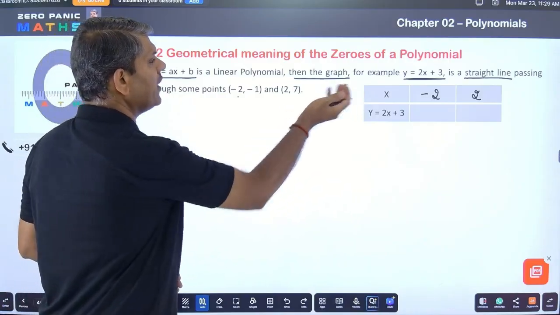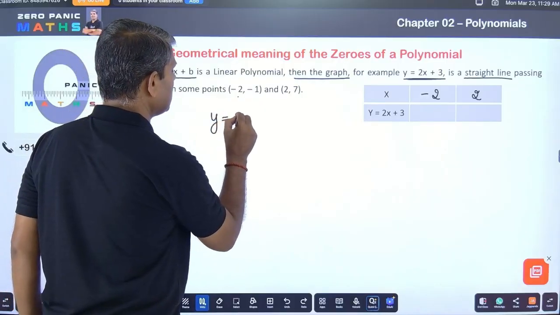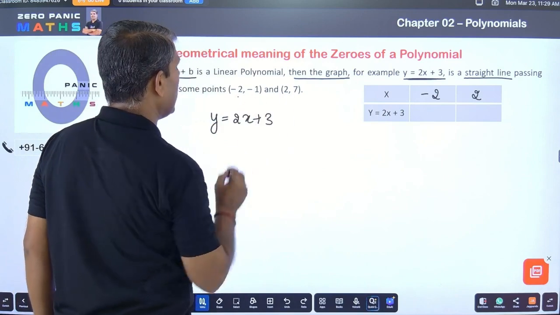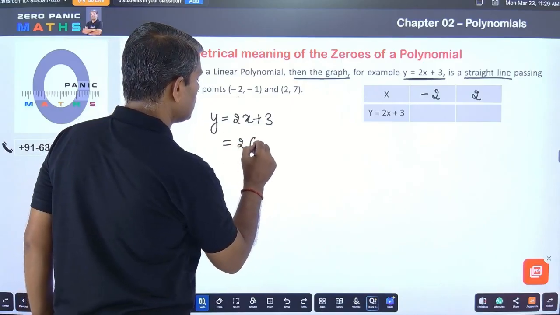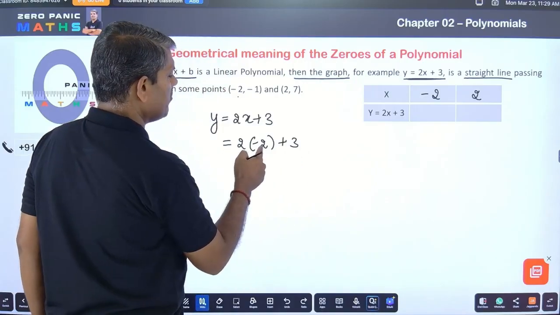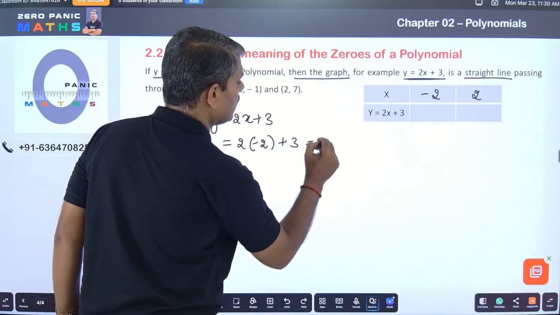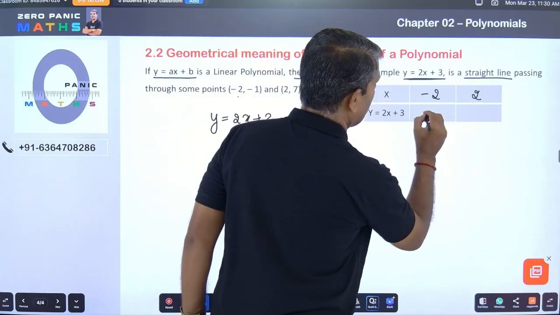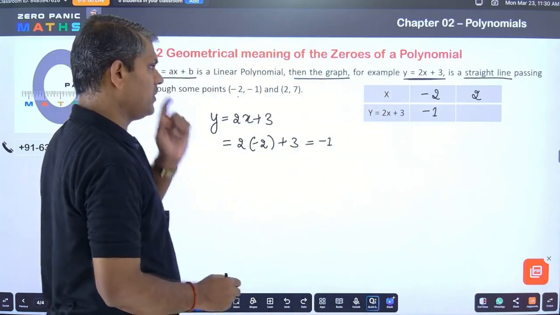Let us find the value of y is equal to 2x plus 3 by putting the two values minus 2 and 2. If I put x is equal to minus 2, then 2 into minus 2 plus 3 is minus 4 plus 3, which is equal to minus 1.